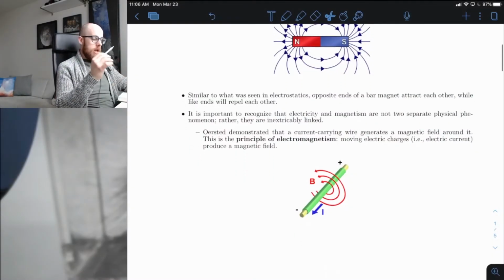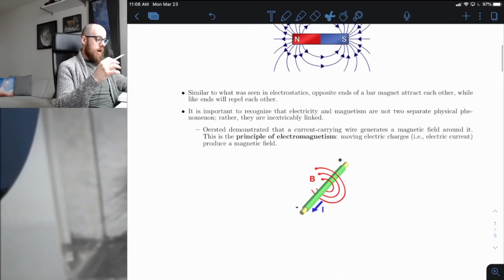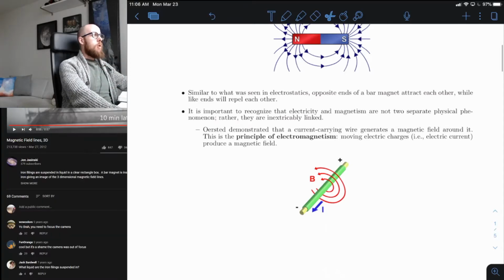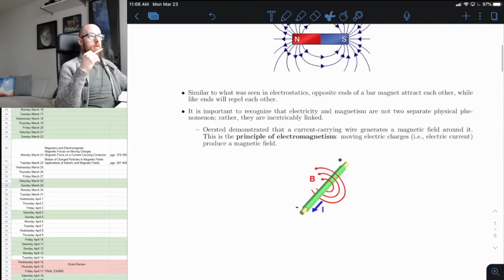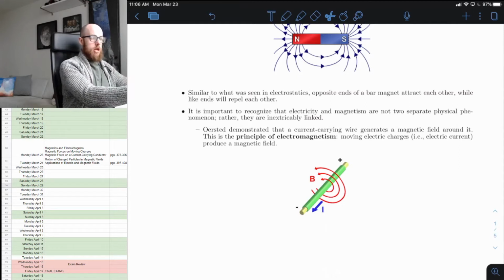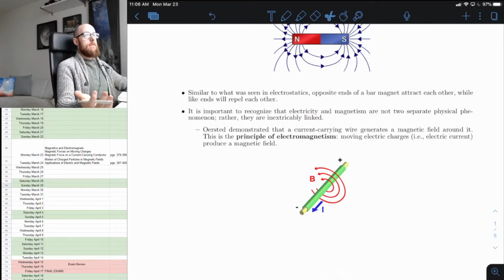It's important to recognize that electric fields and magnetic fields, or electricity and magnetism, are two sides of the same coin. When we have a charge that's moving, although it generates its own electric field, it also generates a magnetic field.